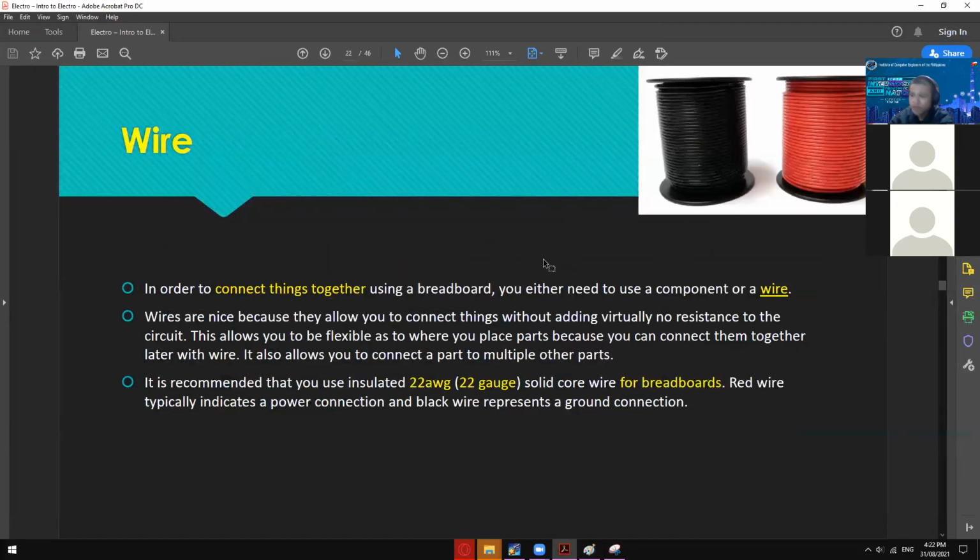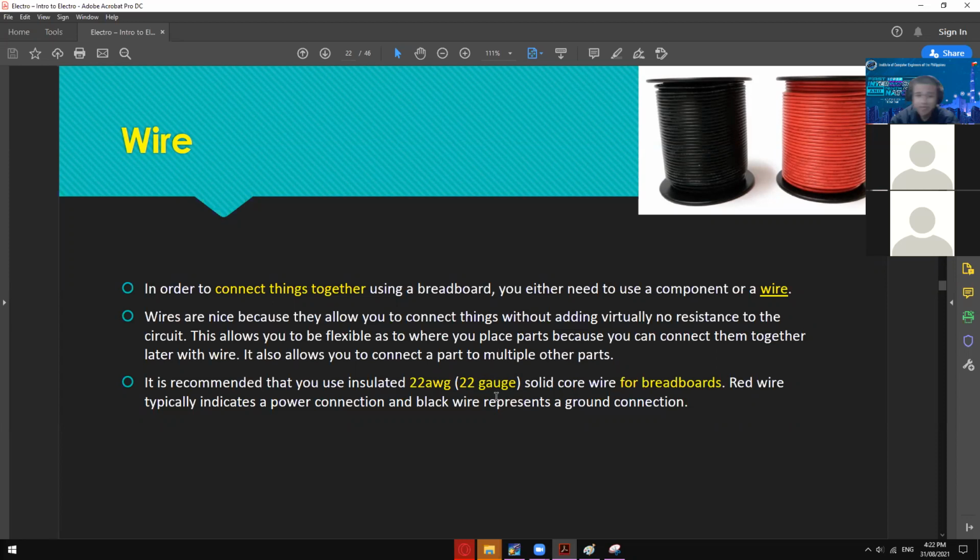Alright. And then wires. So dito naman, ang tinitignan lang natin is yung kung gaano ba kalaki. Yung gauge mismo. Merong 10 gauge, 22 gauge. So for the breadboards, this one is recommended. So 22 gauge. Meron iba mas payat pa, meron iba mas mataba.